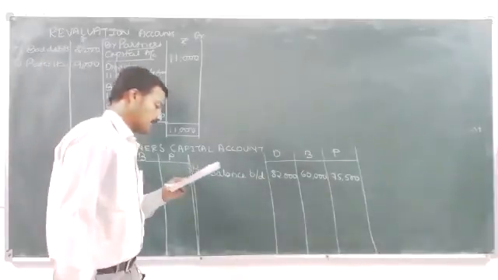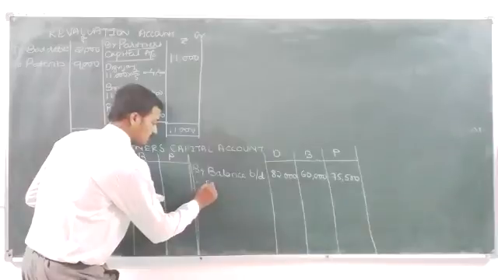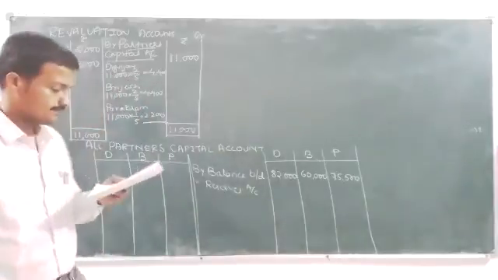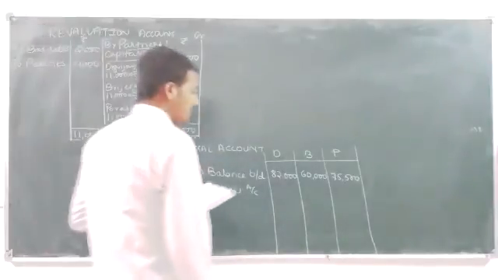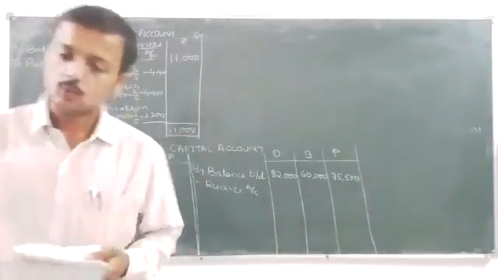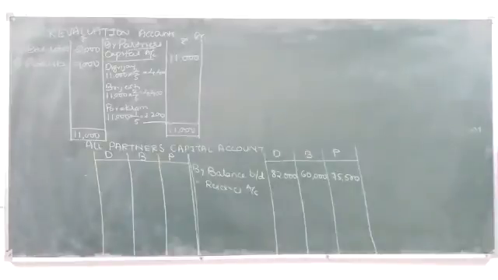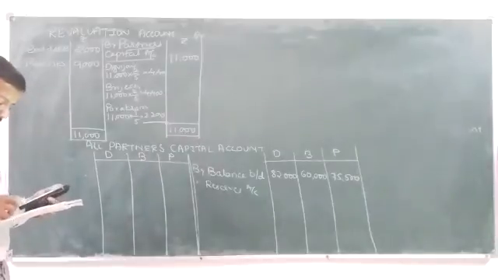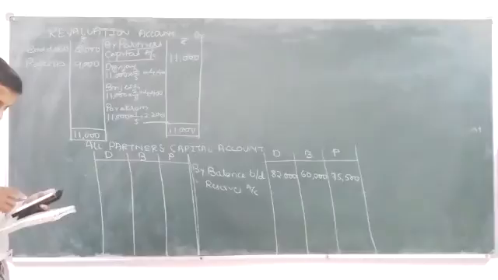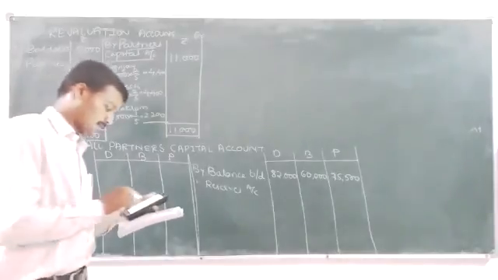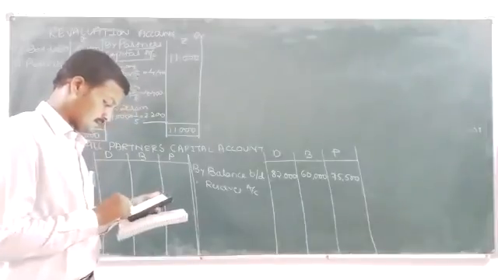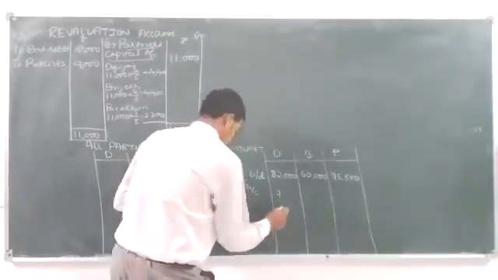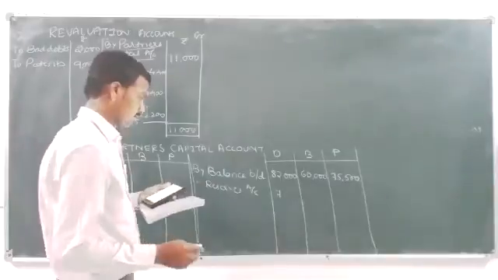Next, there are reserves. So by reserves account, 18,500 should be divided in the ratio 2:2:1. 18,500 into 2/5, that will be 7,400.